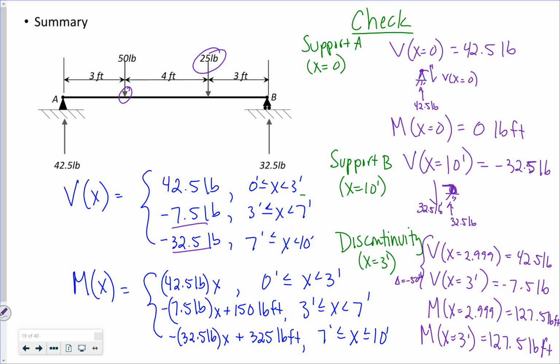And similarly, if you found the moment at 7 feet for these two equations, you would get the same value. Okay? So we can work on a second example.